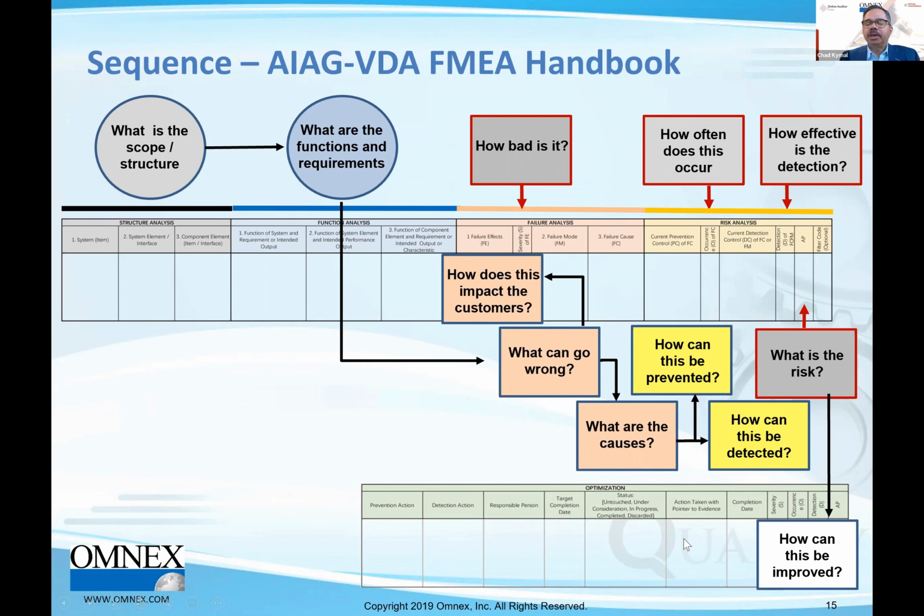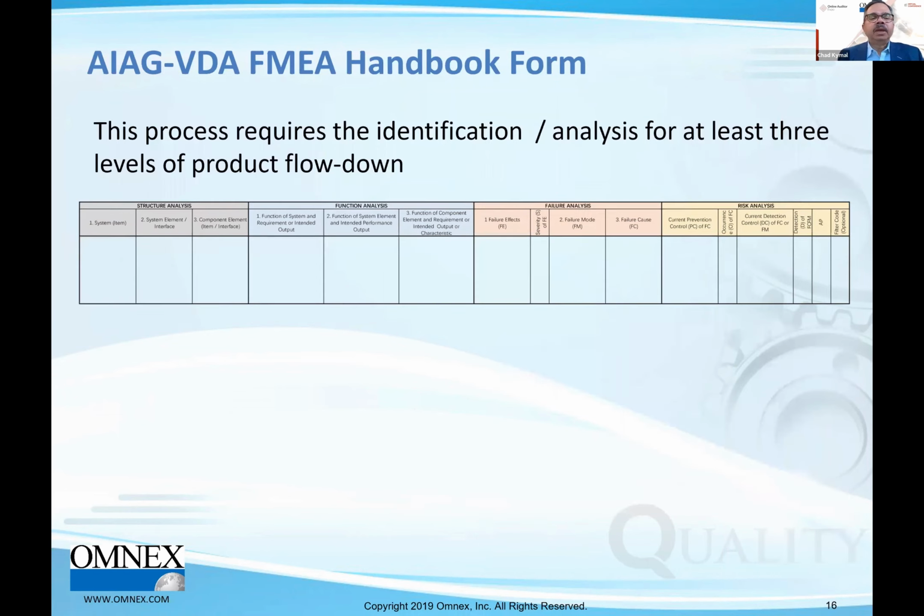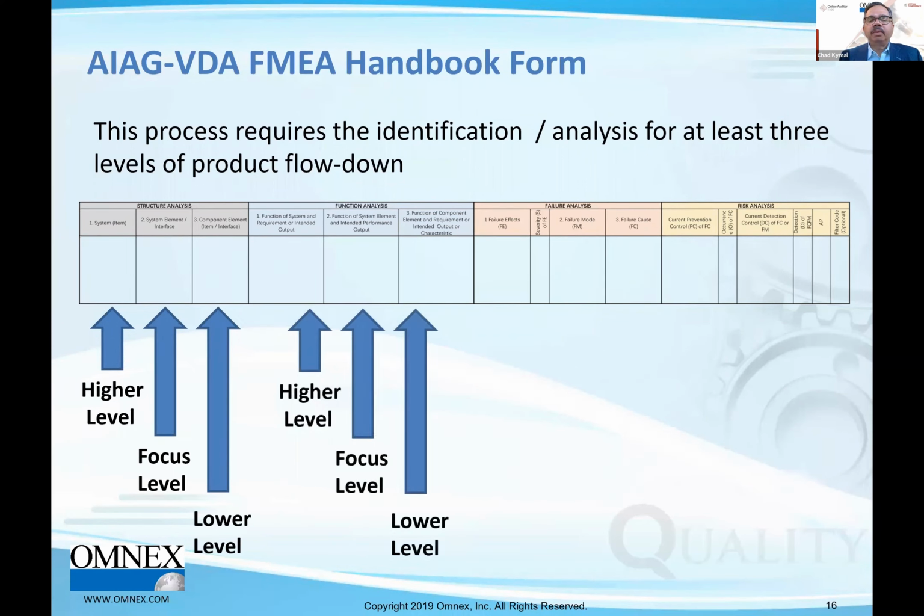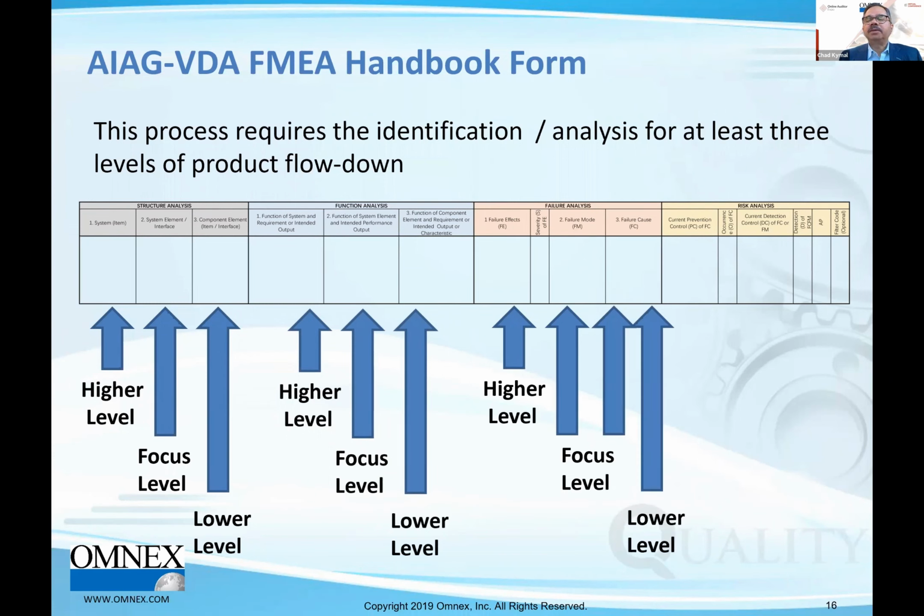Also something the auditors can look at, and then completion date and a redoing of the severity, occurrence, detection and a new action priority. All right, so just to hammer home the idea, focus level, higher level, lower level. Focus level, higher level, lower level at function analysis. Same thing with the failure analysis, okay? It just says here the failure mode and the failure cause are the focus level. All right.